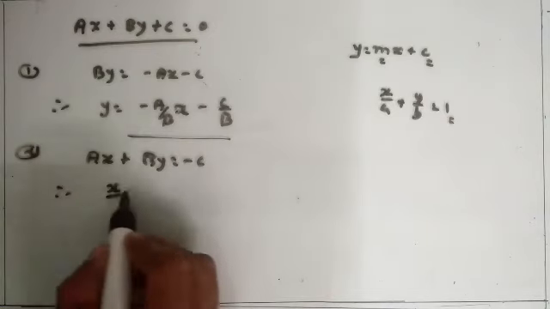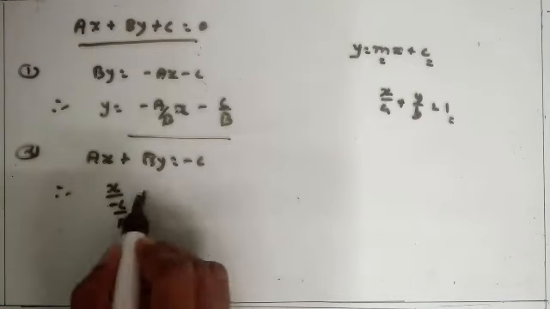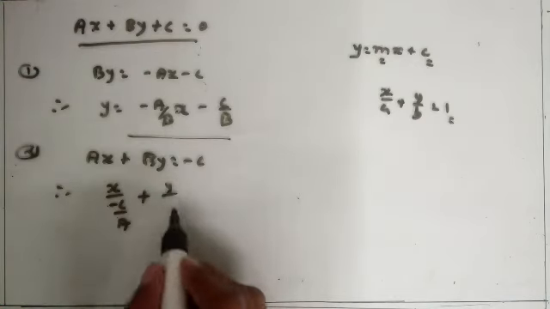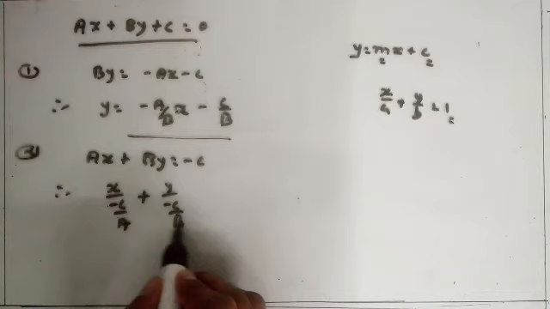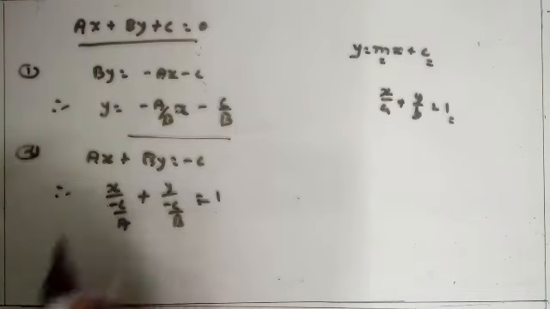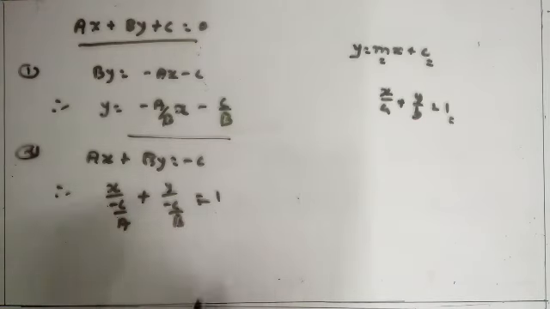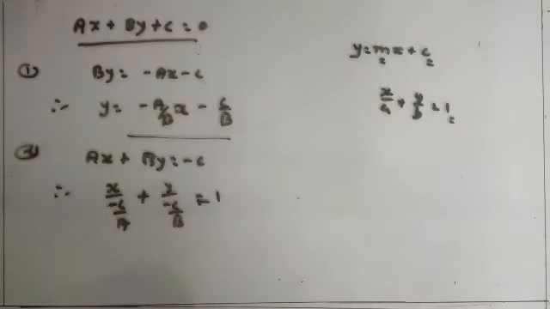Here we get x/(-c/a) + y/(-c/b) = 1. This becomes the intercept form of the equation of a line. Here the x-intercept is -c/a and the y-intercept is -c/b. Clear? So remember this, how to change into intercept form.